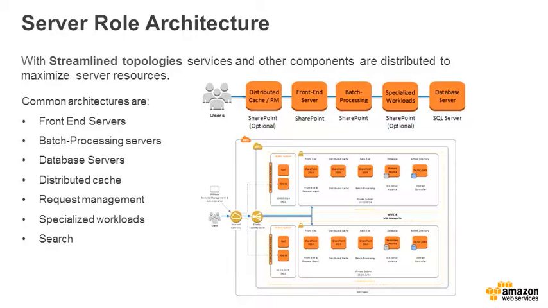Additionally, as I mentioned earlier, search is commonly a very resource intensive and heavy component, especially in larger farms. And so, as you scale beyond the two batch processing servers, it's very common to make search a dedicated server. It consumes a lot of system resources, and you can even point search at a distinct database.